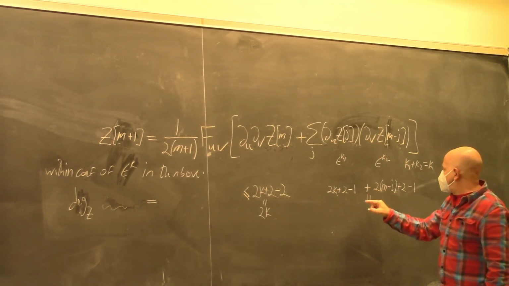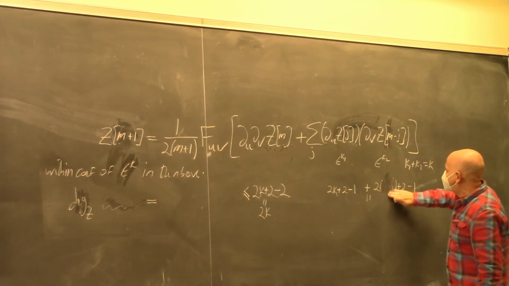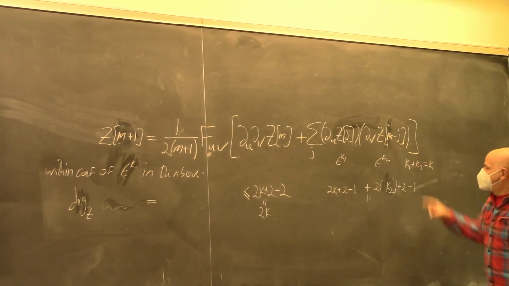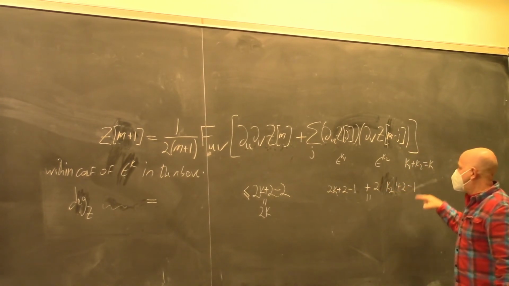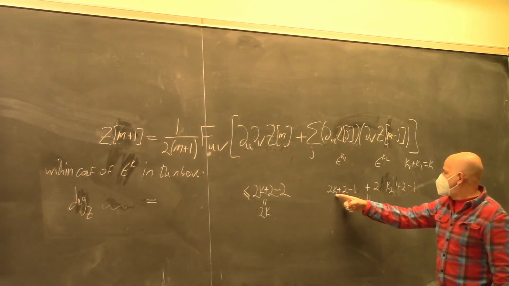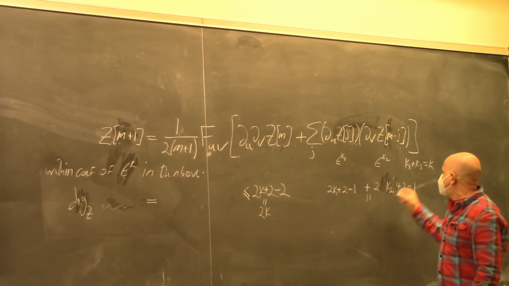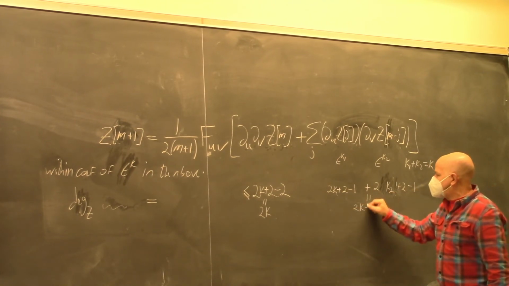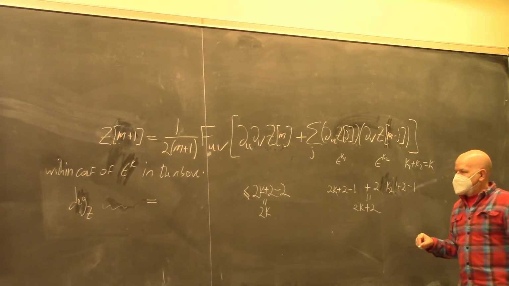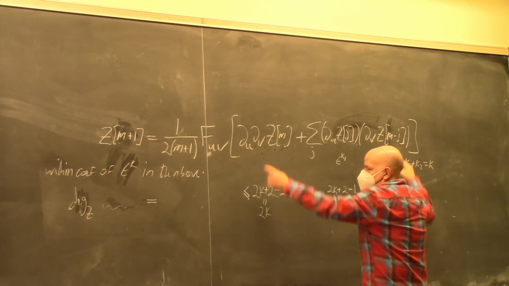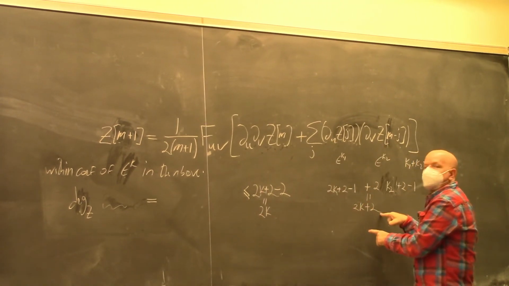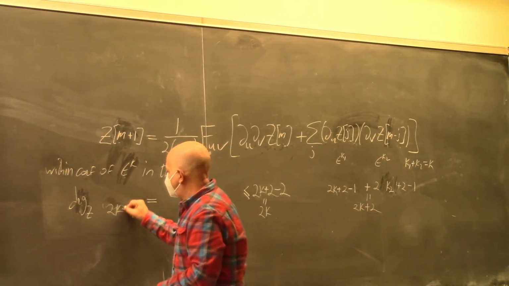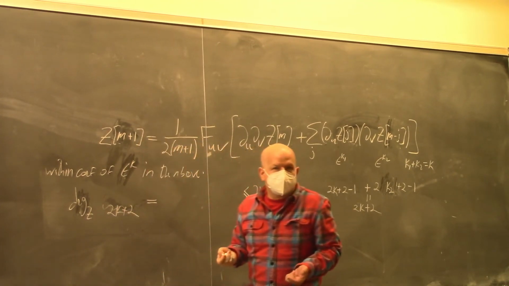I'm looking at powers of epsilon, not powers of lambda. And when you add these two things, you get 2k1 plus 2k2, that's 2k, plus 2 minus 1 plus 2 minus 1, that's plus 2. So this contributes a sum of two things whose degree is at most 2k plus 2, and that's what I wanted to show.